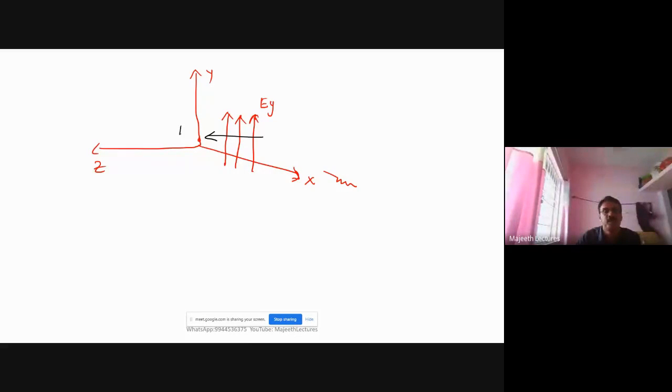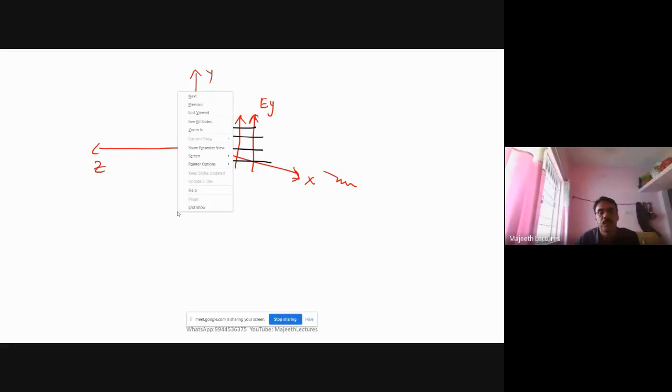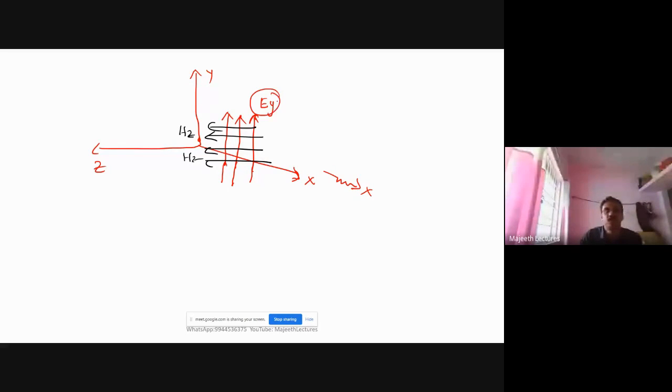So magnetic field will be in Z direction only. If you see this figure, the wave is propagating in X direction. If electric field has Y component and the wave is in X direction, magnetic field should be in Z direction only.